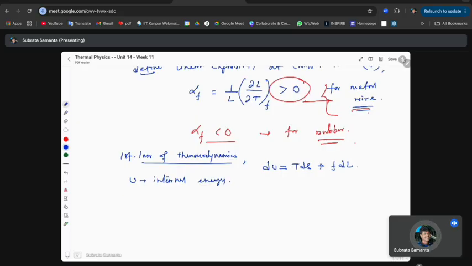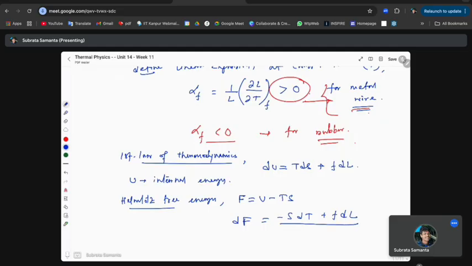And the Helmholtz free energy F is equal to U minus TS. So here dF is minus SdT plus FdL, where the small f is the tension, the generalized force.